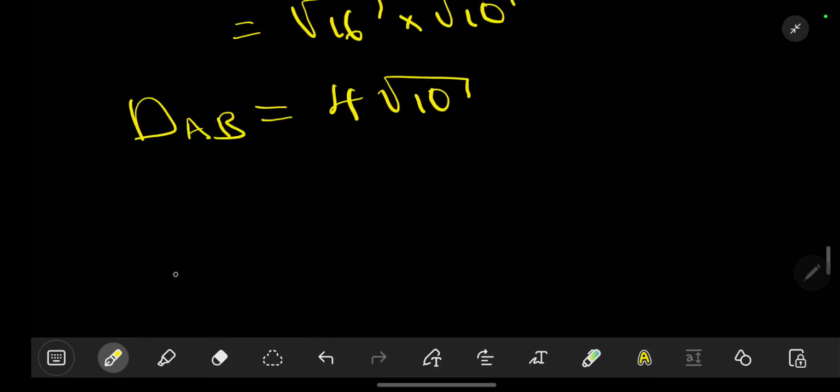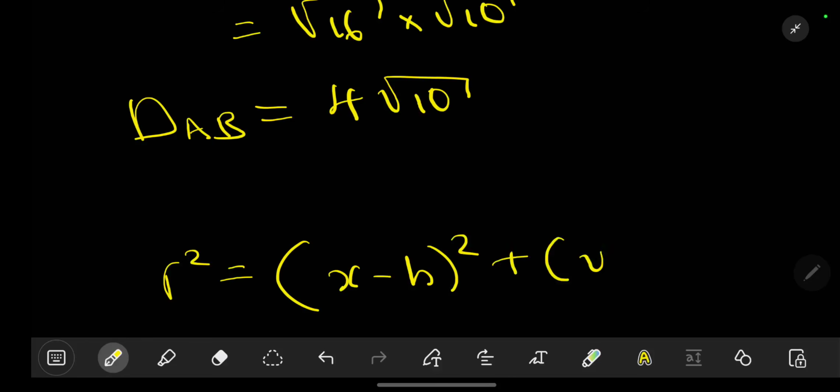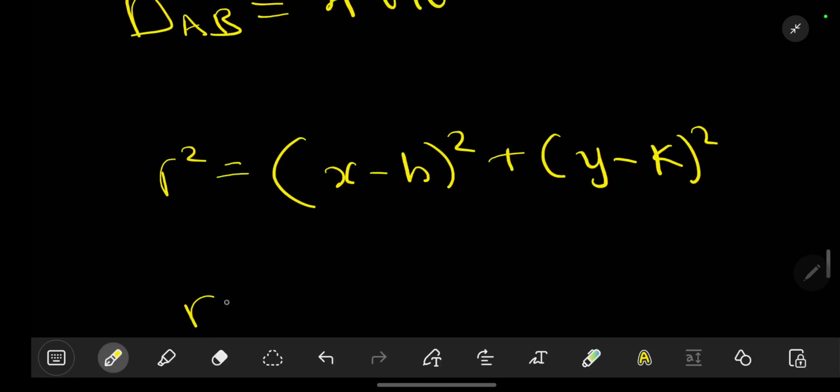Now remember, the equation of the circle is r squared is equal to (x minus h) squared plus (y minus k) squared. If that's the case, we need the radius, and we know that the radius is half the size of the diameter.